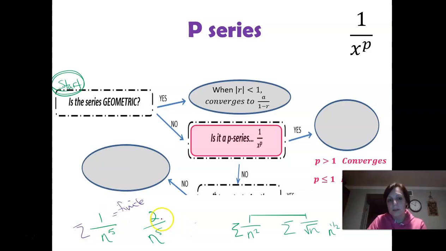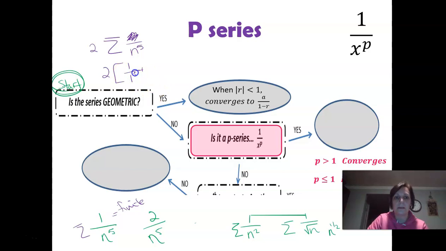One could argue that having 2 over n to the 5th is like having 2 times the series 1 over n to the 5th, so 1 over 1 to the 5th plus 1 over 2 to the 5th plus 1 over 3 to the 5th, and so on.